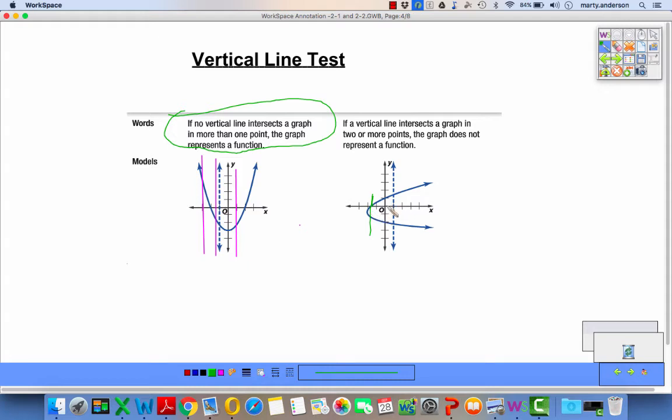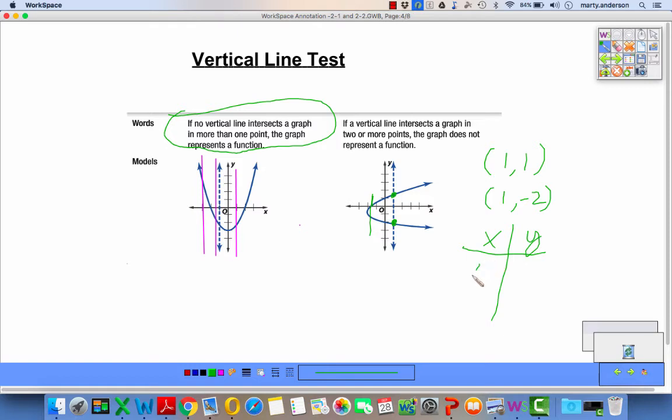As soon as you hit more than one point, because if you look at these two right here, I've got 2 points on that vertical line. I have the point, what is that? 1, 1 on top. Let's call it 1, 1 just for fun. And the other one looks like 1, -2. So if you go back to the definition of a function, each input has to be paired with one and only one output or y value.